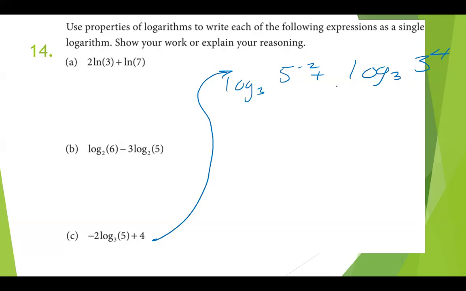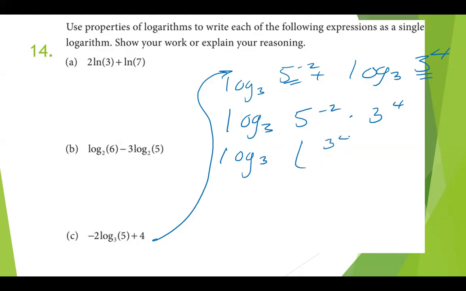Now that these are the same, I could combine them using the product rule. The product rule is saying that I have the same base, cool, and because my base is the same, I have 5 to the negative 2 times 3 to the 4th. So we'd have 5 to the negative 2 times 3 to the 4th, which is the same thing as log base 3 of 3 to the 4 over 5 squared.